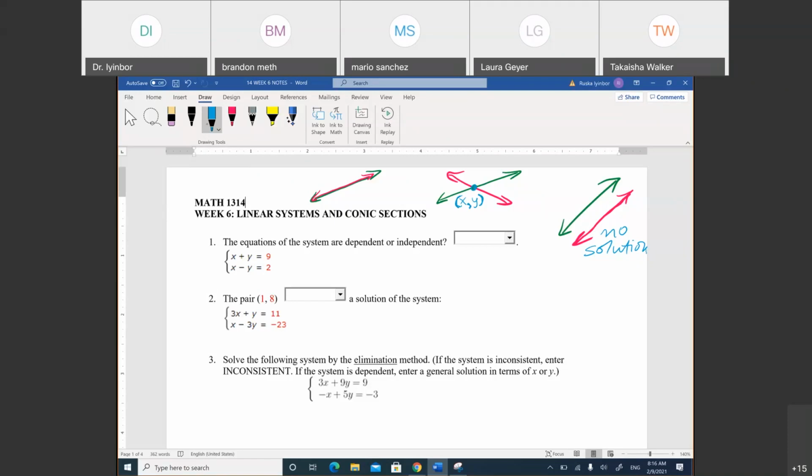Now the third case, when they represent the same line on top of each other like this, any point from the line is a solution, right? So here we have an infinite number of solutions because any point from the one line is a point from the second line.